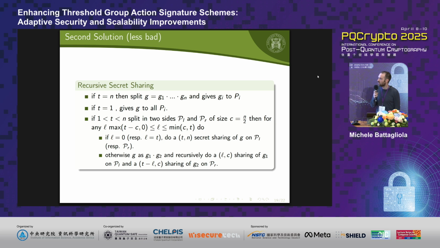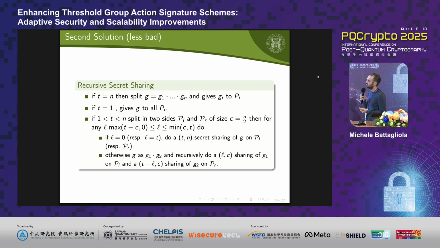Then you do a secret sharing with a mobile threshold on the left and on the right of respectively G1 and G2, until you find that the threshold is either 1 or n. In such a case, you either do a normal secret sharing or you simply give what you are sharing.